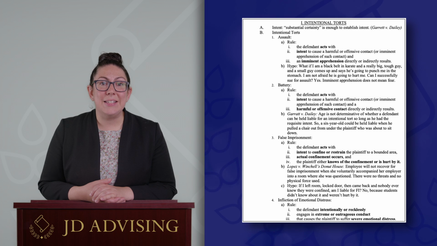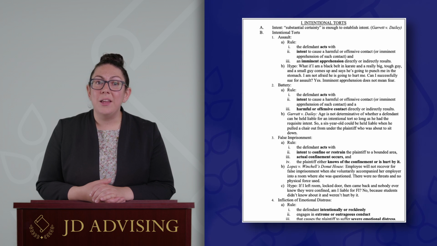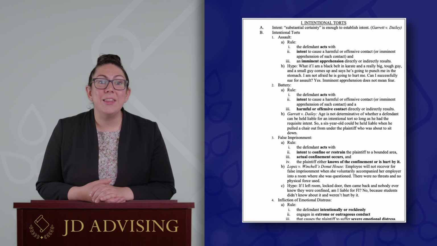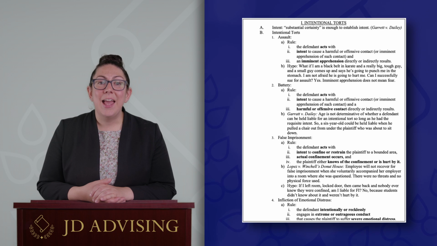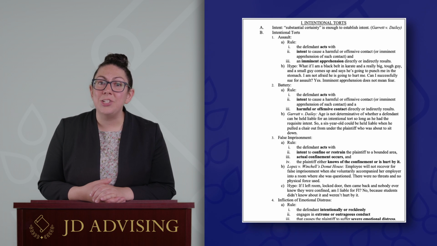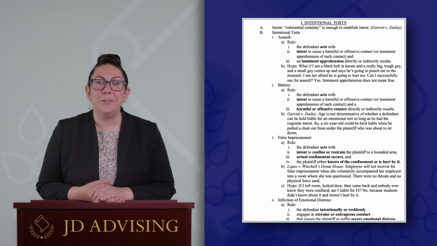Under assault, for instance, the rule states that an assault is where the defendant acts with intent to cause a harmful or offensive contact or imminent apprehension of that contact, and an imminent apprehension directly or indirectly results.